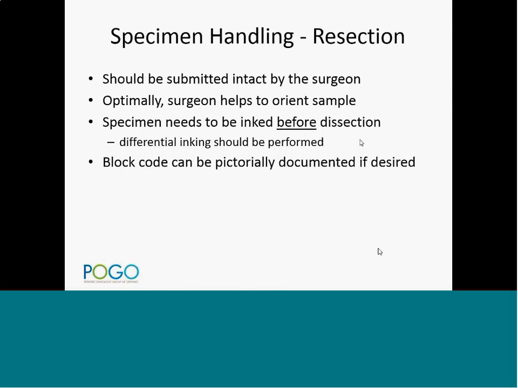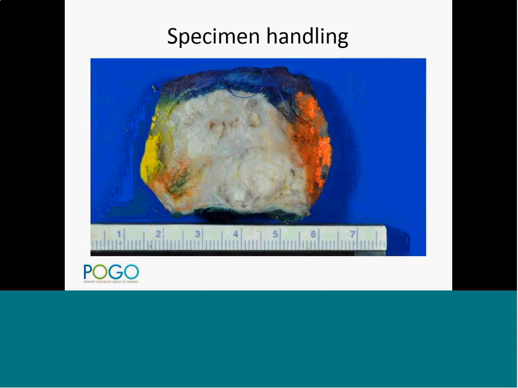We also try, whenever we can, to document the block code on the photo. I'll just give you an example of what that looks like. So this is a flat bone that was affected by rhabdomyosarcoma. You can see we've differentially inked each margin there, orange, blue, yellow on the other side, and black was the posterior margin down the bottom of the screen.